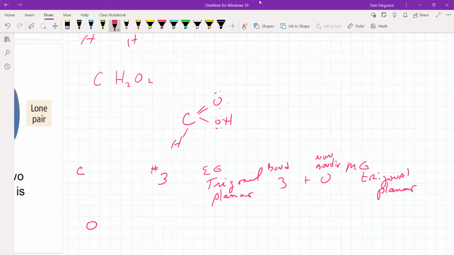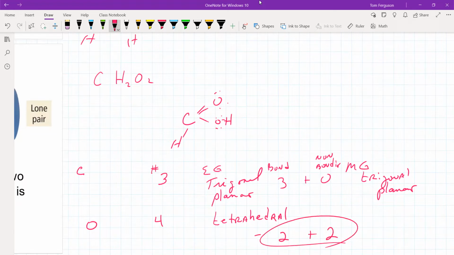That's 4 electron groups. Four electron groups is tetrahedral. Okay, how many bonding? 2. How many non-bonding? Okay, and we have 2 and 2, it's bent. So that central atom, the oxygen central atom, it's sort of like water.